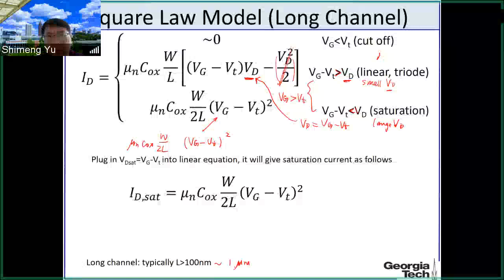Then ID will be proportional to VD. That means it's a linear function between ID and VD. So that's why this is called the linear region. It's not because of VG, but because of the VD for the linear region. And we will talk about this point later when we look at the ID-VD curve.